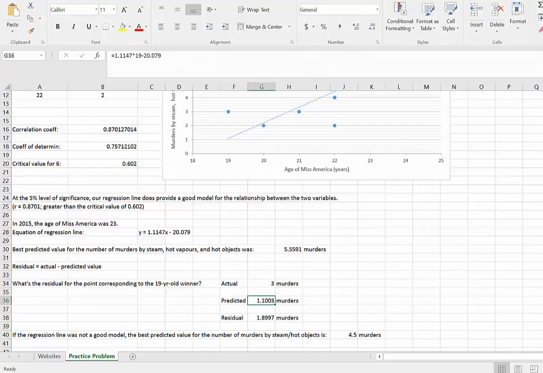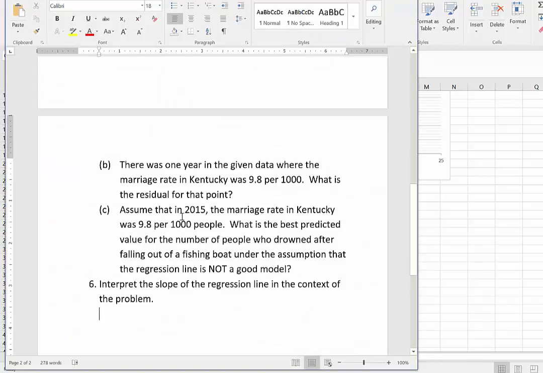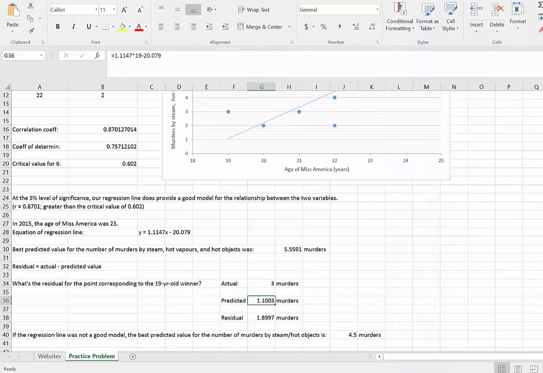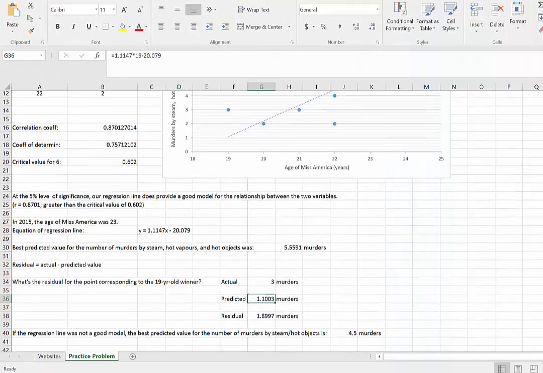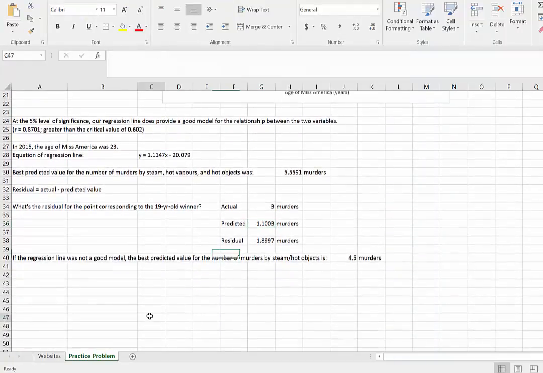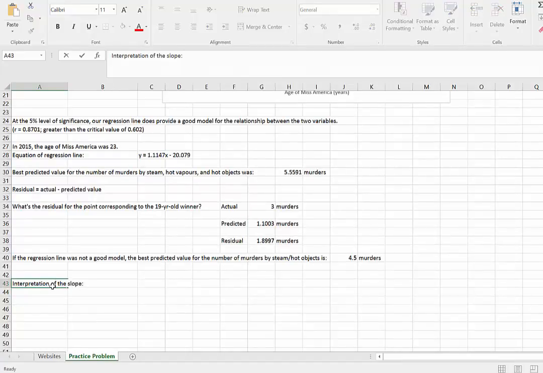Okay, and then let's see. Interpret the slope of the regression line in context of the problem. So when we interpret the slope, which in this case is 1.1147, we always think of that number as being over 1.